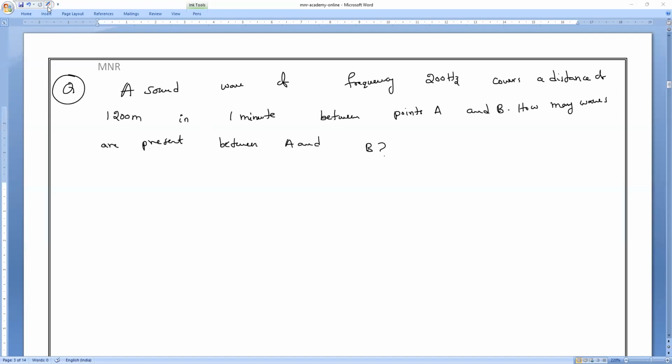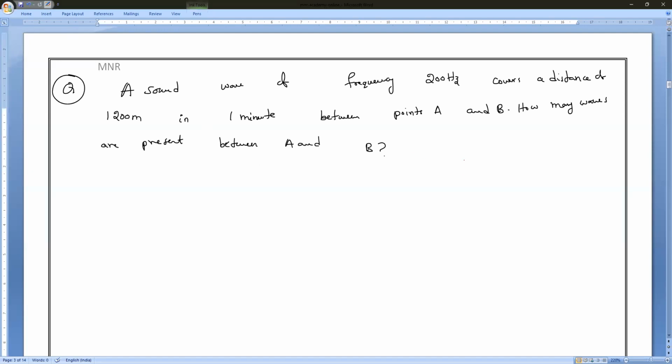See, this is very simple. The question is very simple, understanding is very important. 1200 meters in 1 minute means that is the speed of the wave. Am I right or wrong? Speed of the wave is distance by time.